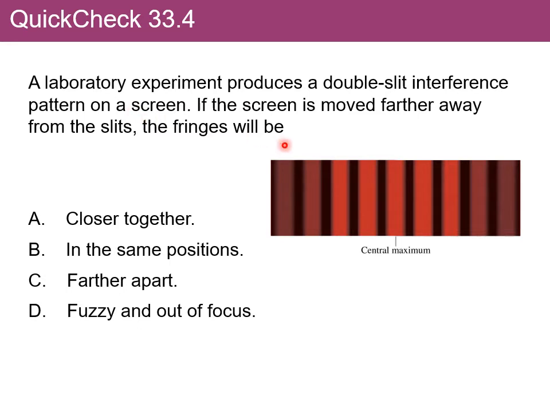A laboratory experiment produces a double-slit interference pattern on a screen. If the screen is moved farther away from the slits, the fringes will be closer together, in the same positions, farther apart, or fuzzy and out of focus.